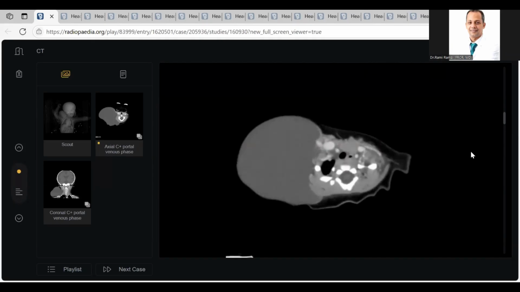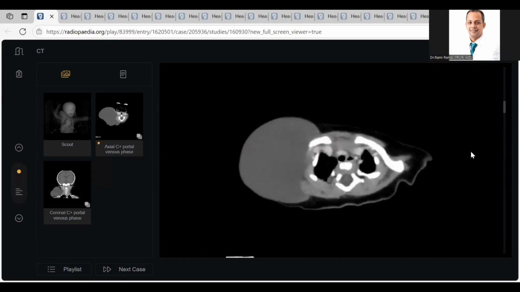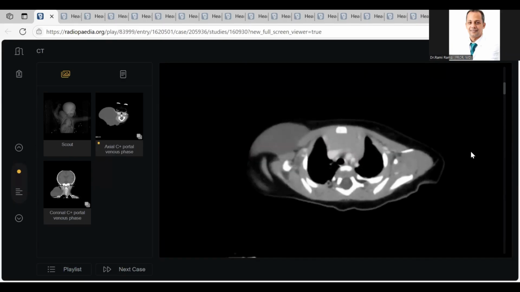The large soft tissue lesion, which was previously demonstrated on the plain film, appears hypodense on this post-contrast CT and is not showing any enhancement.